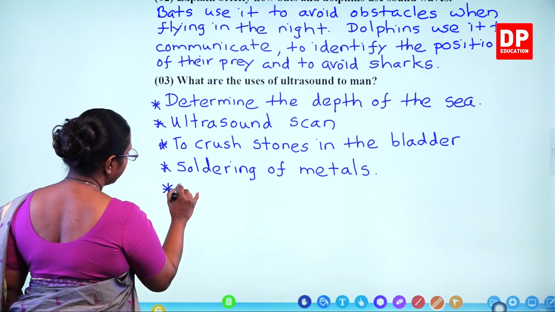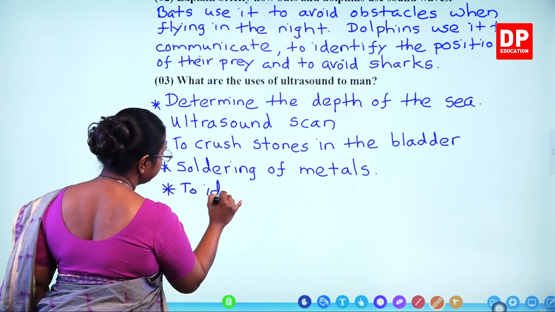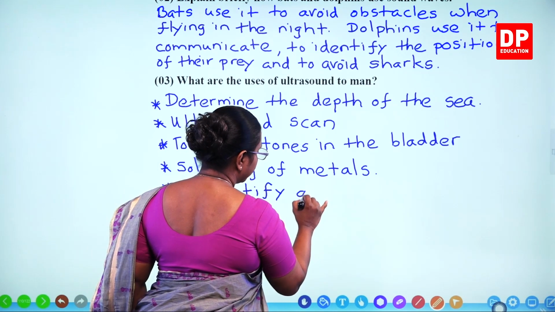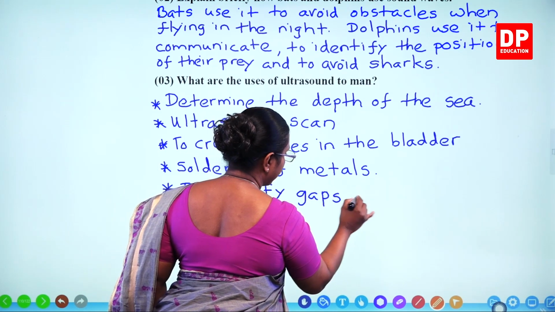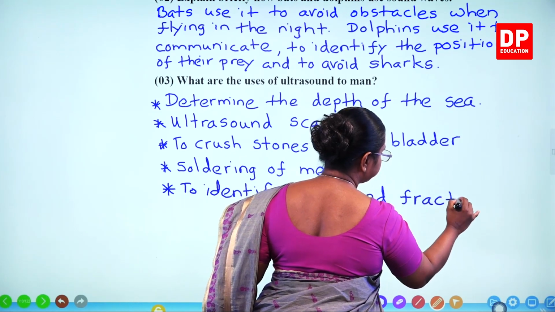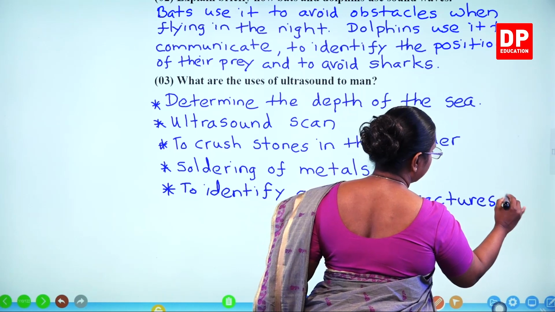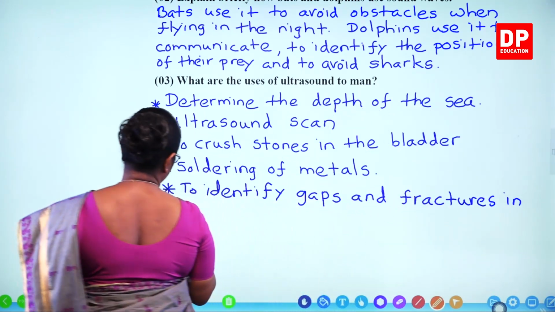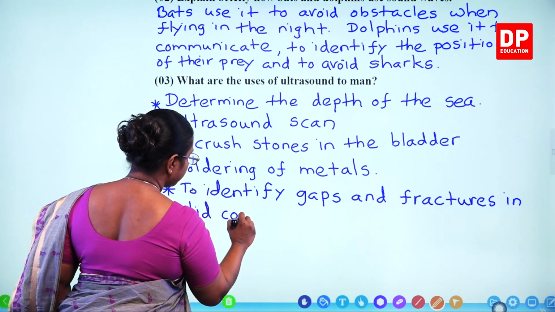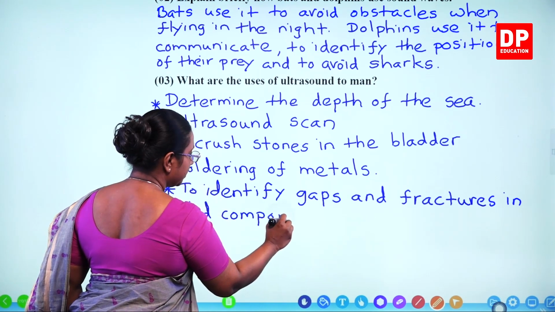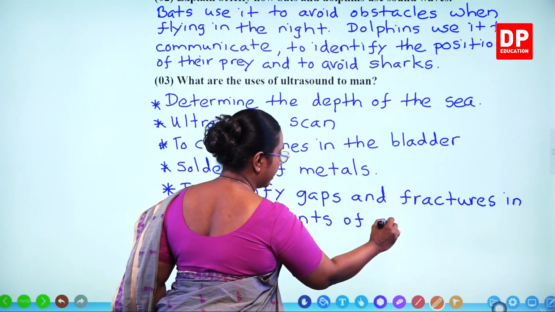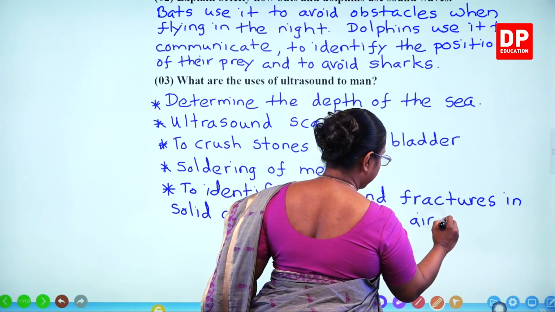To identify gaps and fractures in solid components of an airplane.